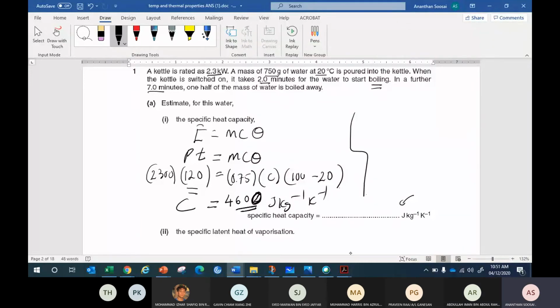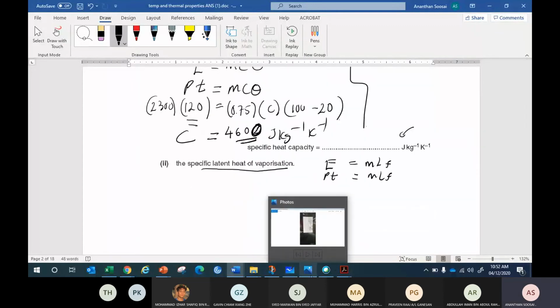Okay, so you have an idea how to find the latent heat of vaporization. The energy absorbed should be equal to mL. So how much energy has been absorbed during this? Again, P times T to be used.